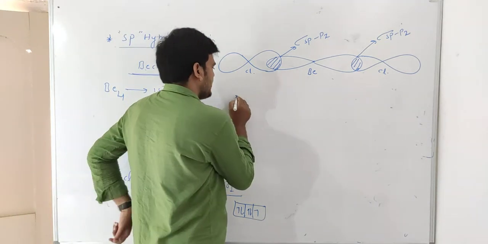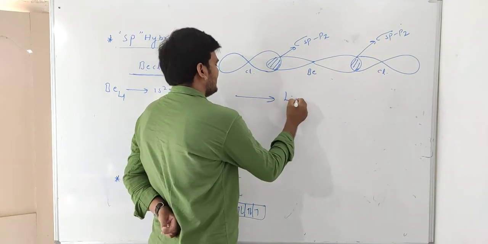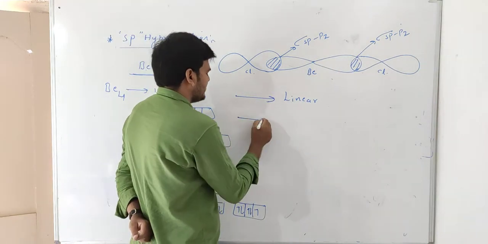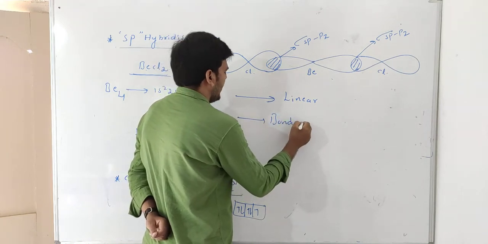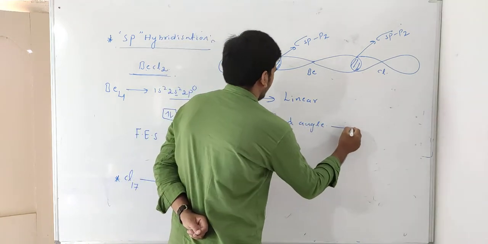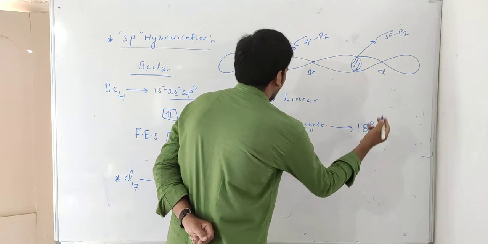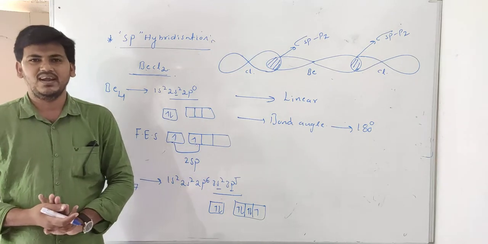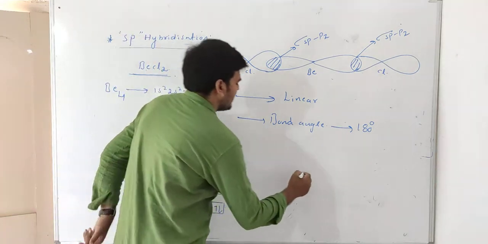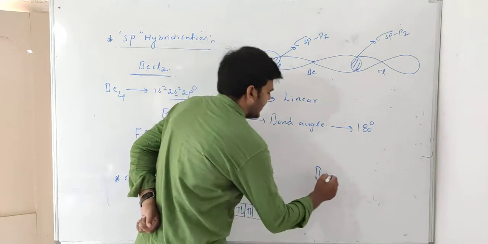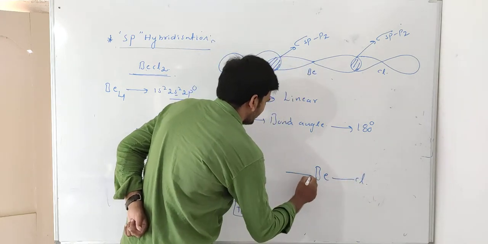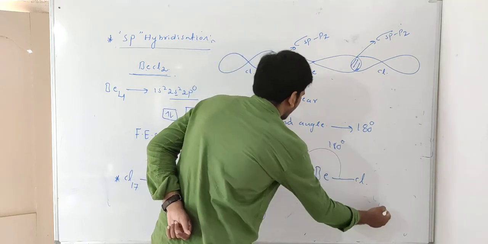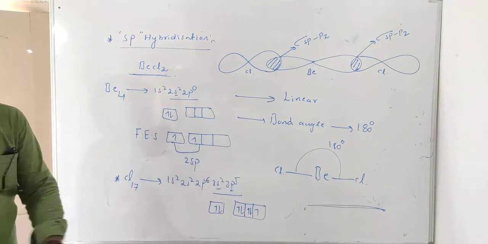Finally, the shape of the beryllium chloride molecule is linear, a straight line, and the bond angle in beryllium chloride is 180 degrees. So the shape of the molecule is linear and the bond angle is 180 degrees. In the final structure of beryllium chloride, the central atom is beryllium with two chlorine atoms, and the bond angle is 180 degrees. So this is sp hybridization.